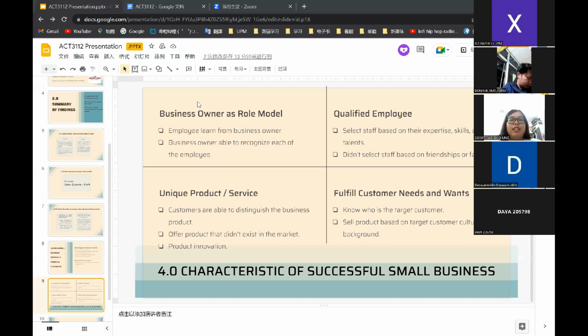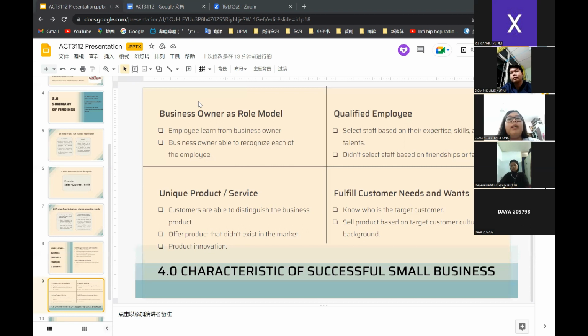Next, a successful small business should have qualified employees, as employees are the heart and soul of every small business. Instead of employing friends or family, a business should employ people who have the qualifications, talent, expertise, and skills that help the business succeed in the future.